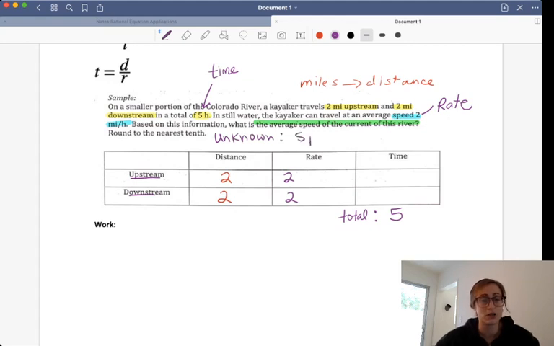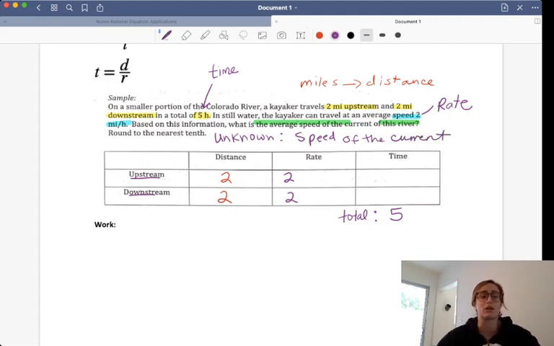So that's also going to have something to do with rate, because rate and speed are used in the same way in this problem. Speed of the current. So I'm going to use x to represent the speed of the current.